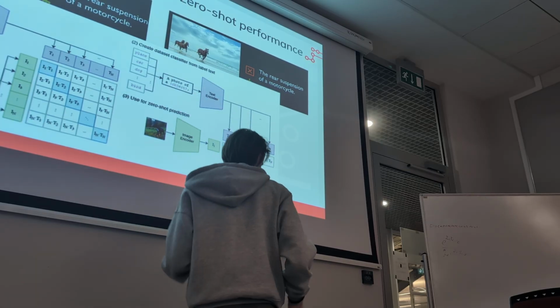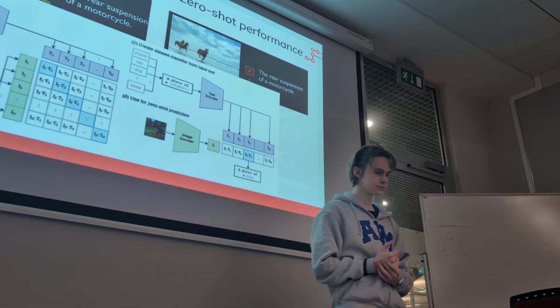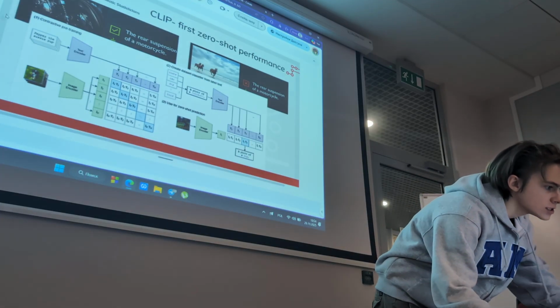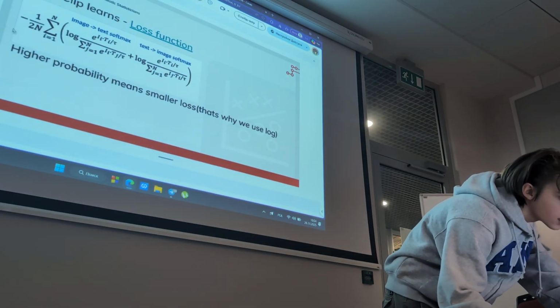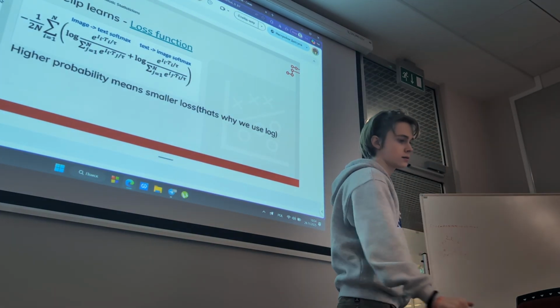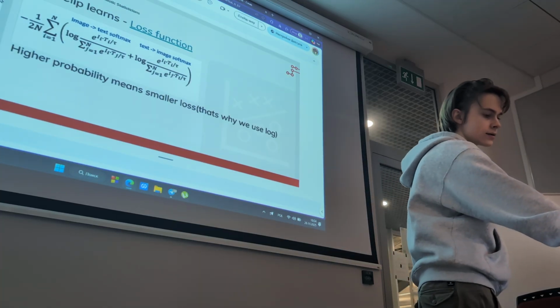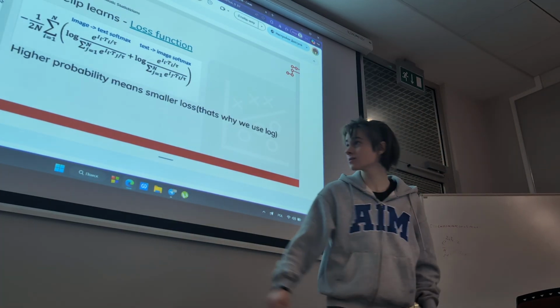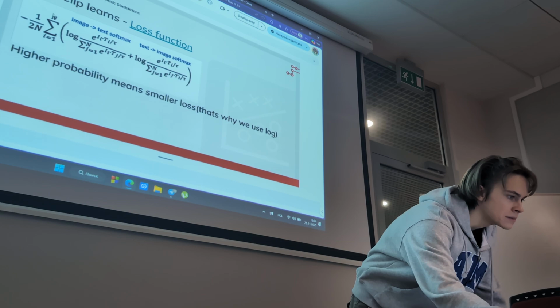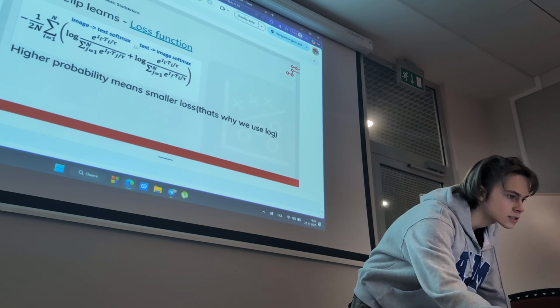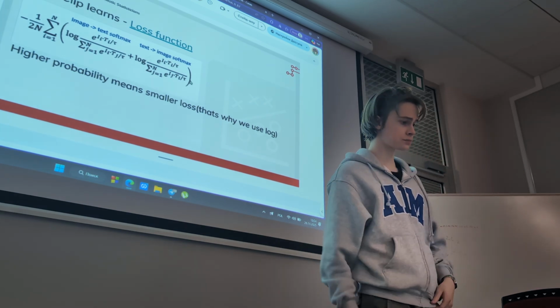And this is our loss function. So this is image compared to text part, as you can see here, image compared to text, and text to the image.